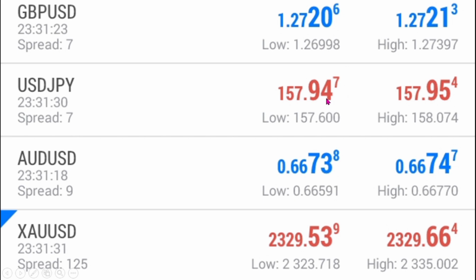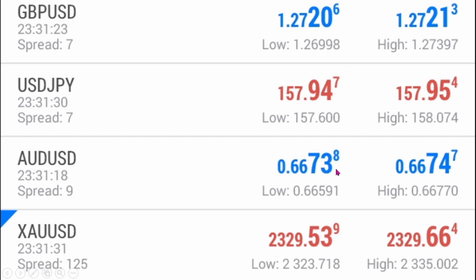Okay, so for here we have 157.94. If I'm in a bullish trade, let's say I'll be making 6 pips from this particular trade. I'll add 6 pips, then I'll get 158.00. And if I'll be making 4 pips in a sell trade, I'll subtract 4 pips. So here, let's say I'll be making 3 pips in a bearish trade.